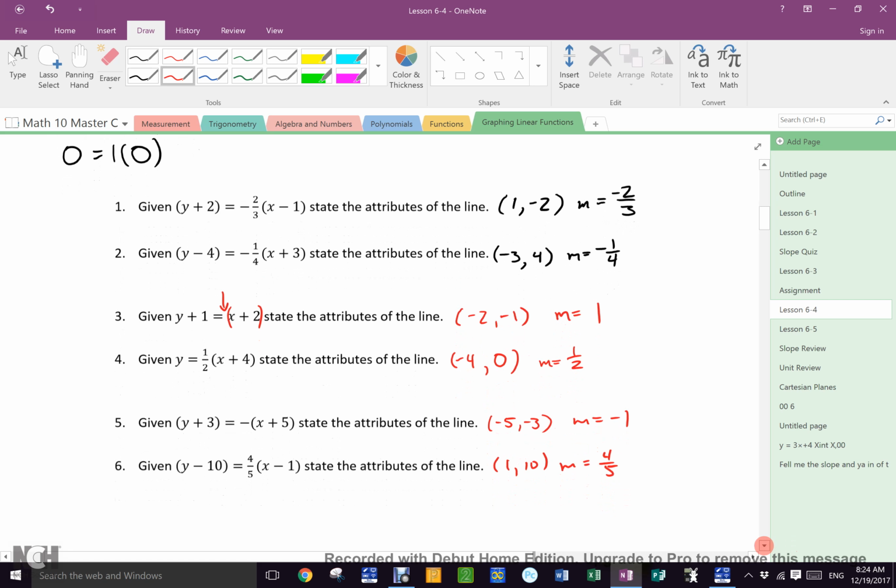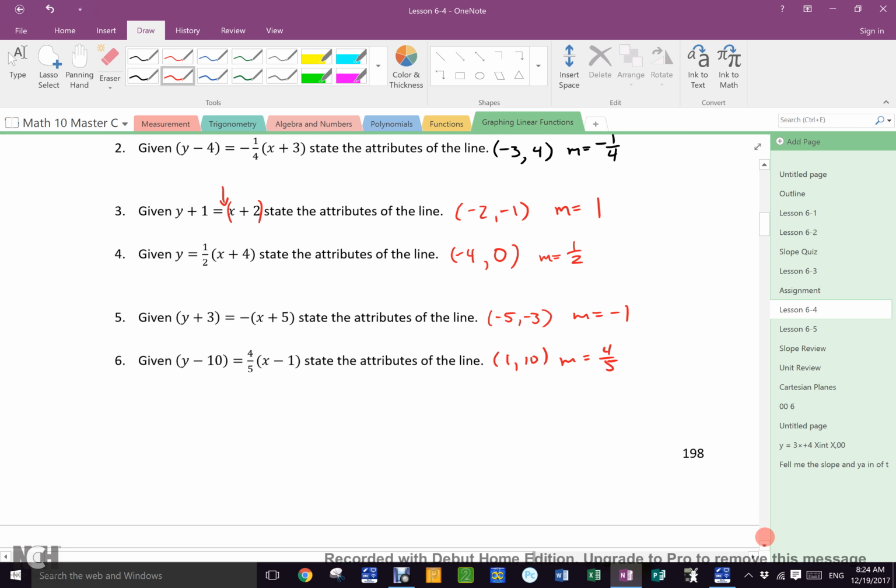Now, before we go on, I want to make a couple of points to you. 1, this can be used any time you know any point.